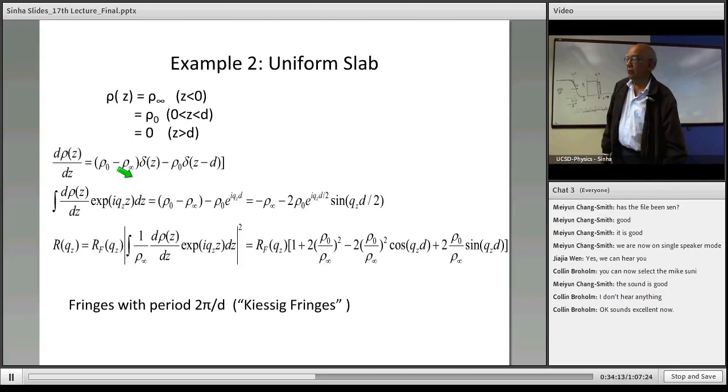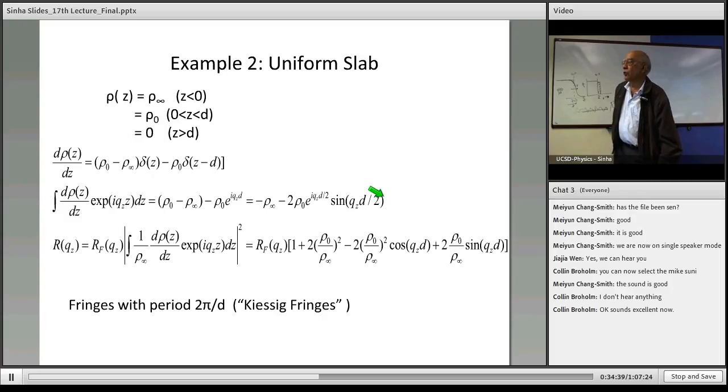this will be negative, as it must be, minus rho naught delta z minus d, where the film ends at z equals d. So one can easily, analytically Fourier transform this expression, and you get an expression like this, which can also be written in this particular way.